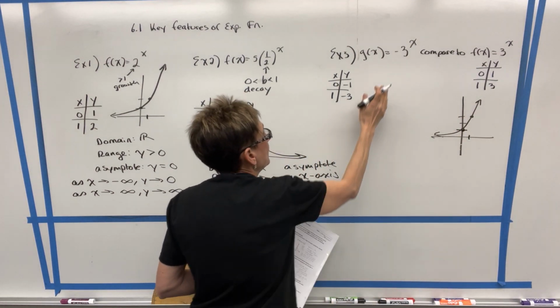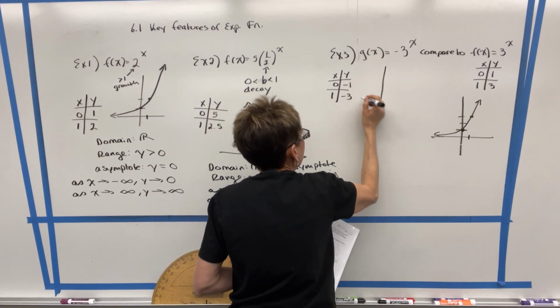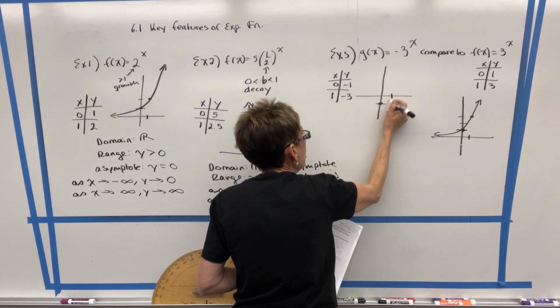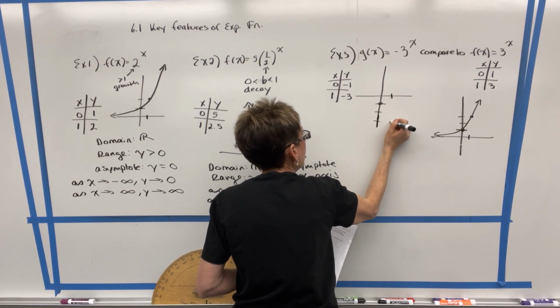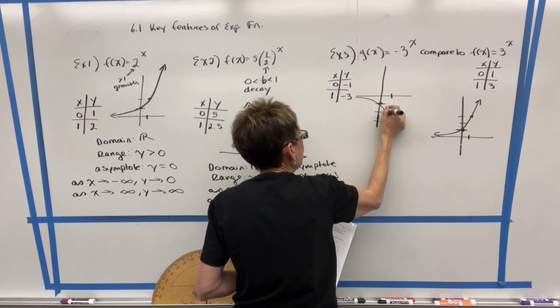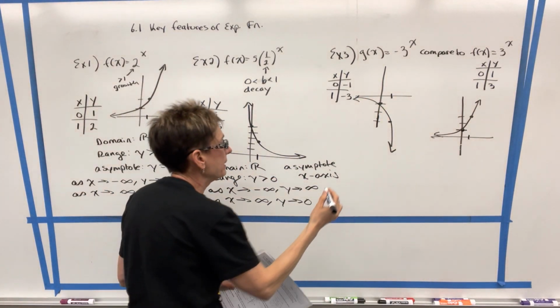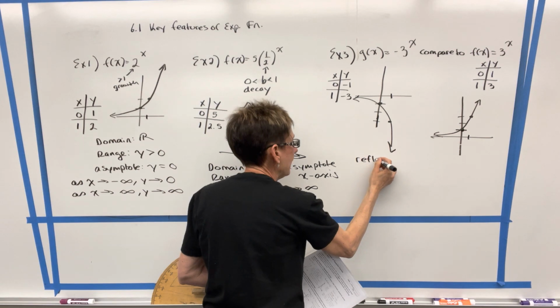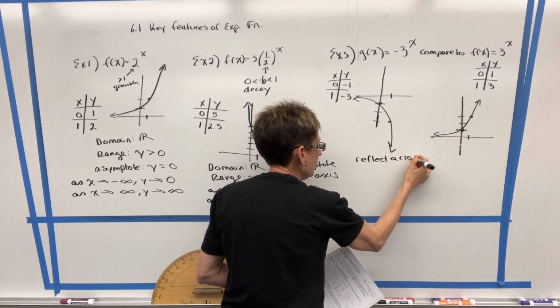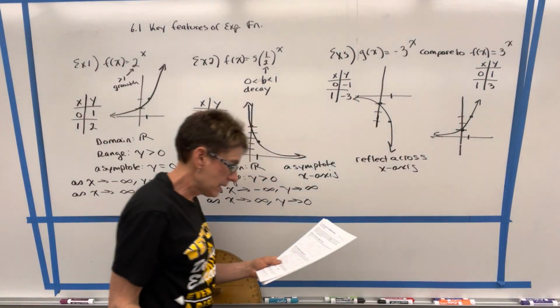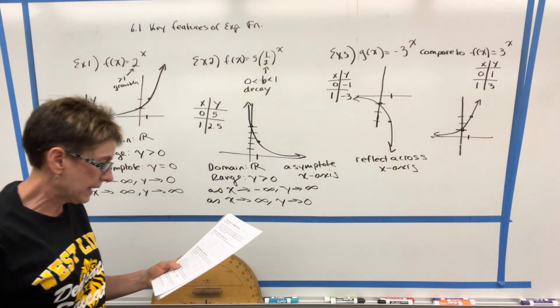However, if I put this minus sign here and graph it, I'm going to be going through the points (0, -1) and (1, -3). It's going to be flipping the graph over the x-axis. So what we would say is that this would be reflected across the x-axis, and the asymptote would be the same.